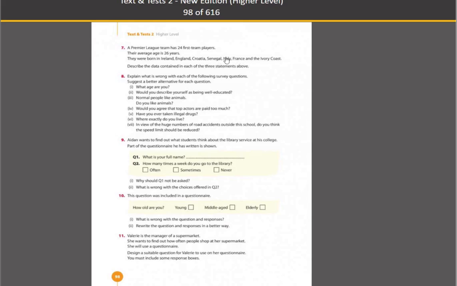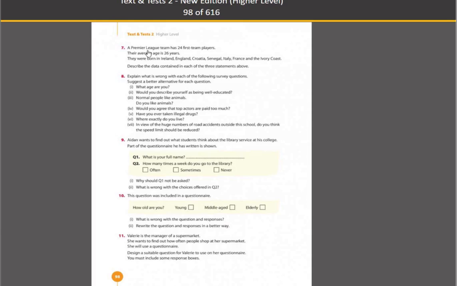So there is categorical data there for your countries. So you've numerical in terms of the number of players, you've numerical in terms of their age, and you've categorical in terms of their country of origin. And I suppose you also have a category in that they're playing for the first team and not the second team or third team, and that they're playing in the Premier League, if you want to be really 100% precise.